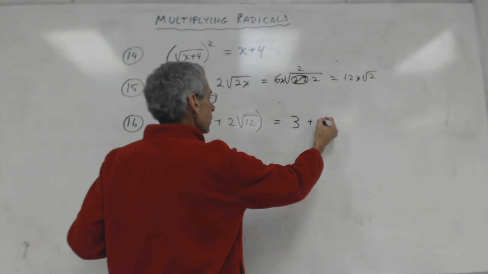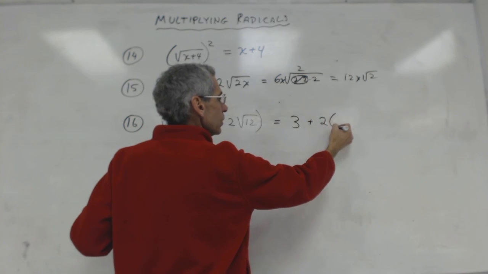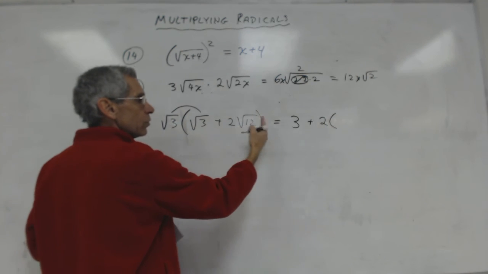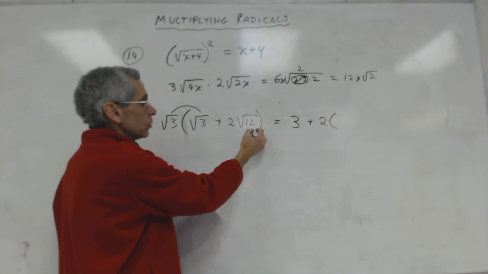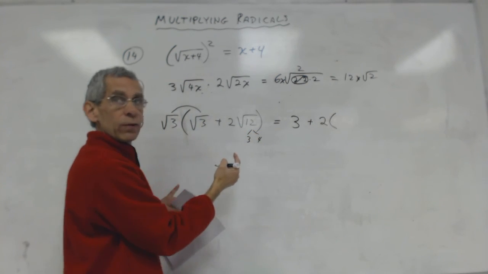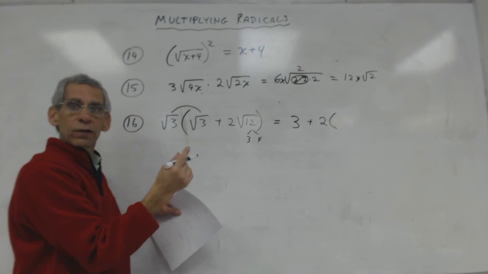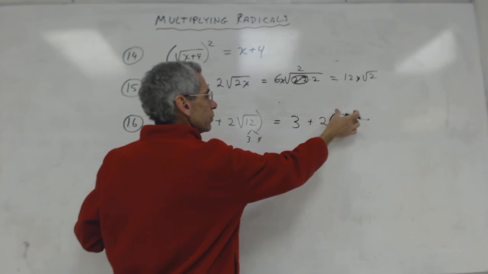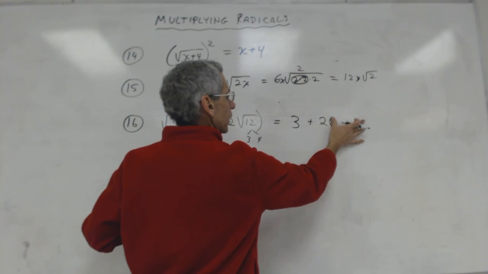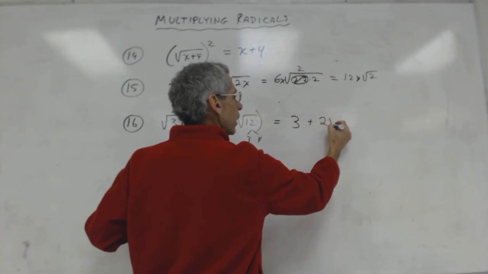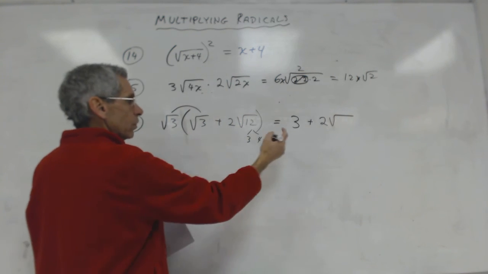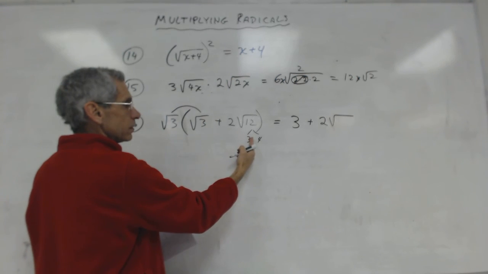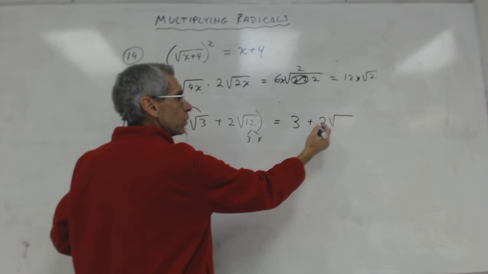Plus, I've got 2 times the square root of 3 times 3 times 4. You with me? So 2 square root of 3 times 3 times 4.